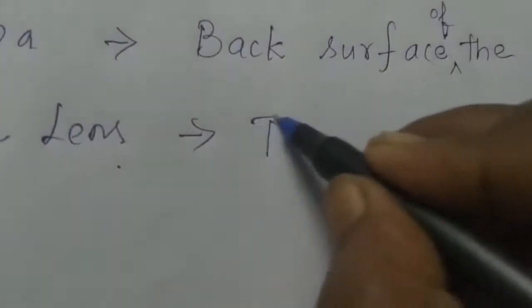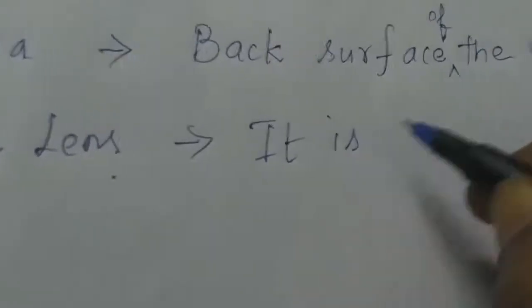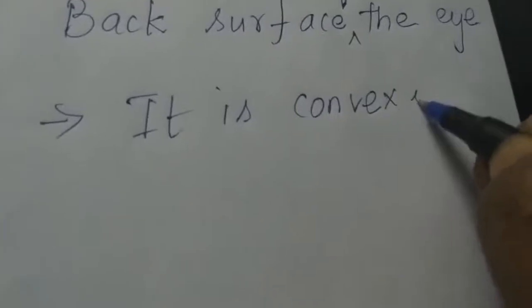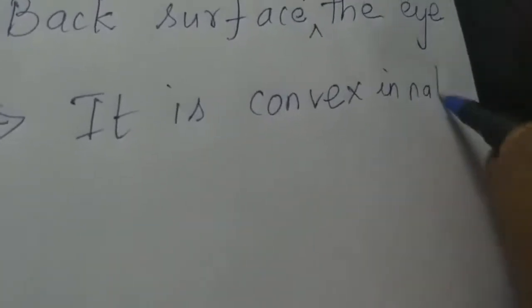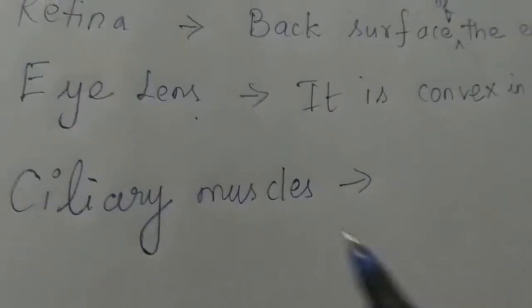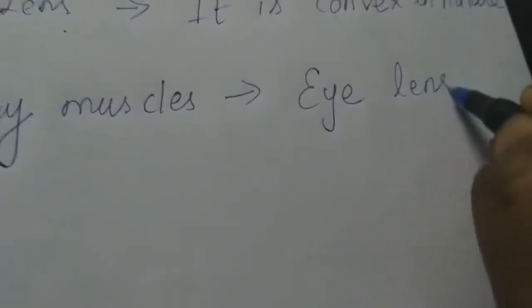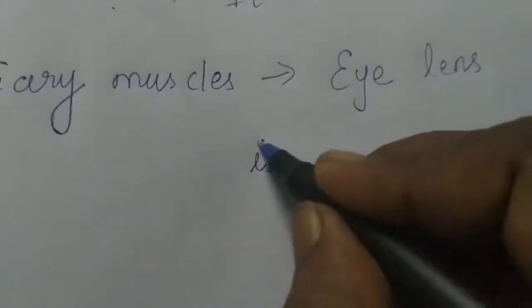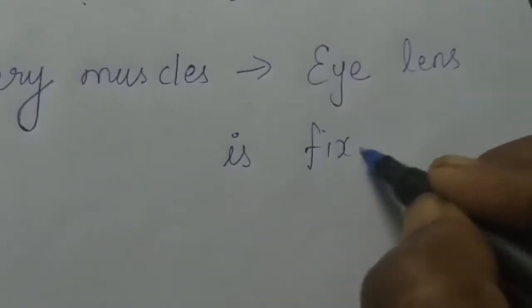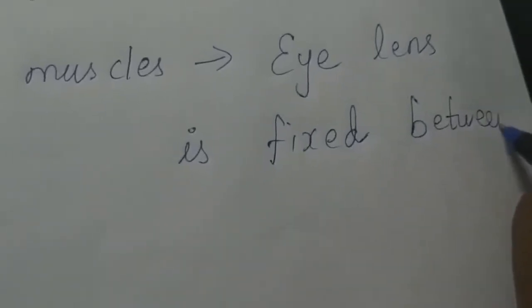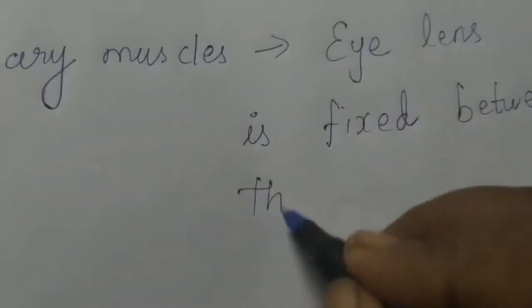It is convex in nature. Ciliary muscles: the eye lens is fixed between the ciliary muscle.